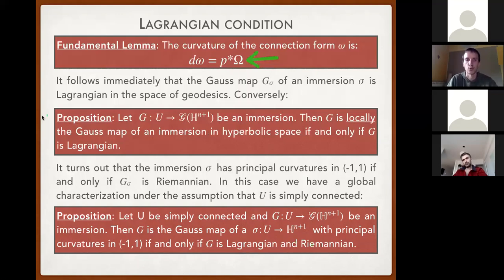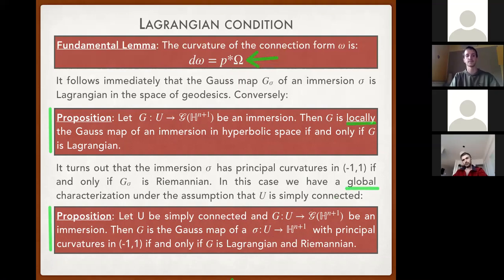This is an improvement of this proposition in the sense that we are adding the condition of principal curvatures in -1, 1, which corresponds to being Lagrangian. But here we really have a global characterization, not only a local one.